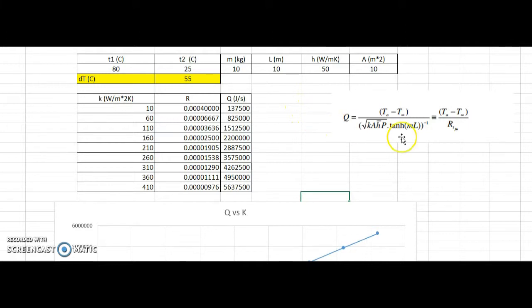After we get the value of R, we just need to focus on this equation. We have the temperature difference, which is equal to 55 degrees Celsius, T1 minus T2, so we get 55.